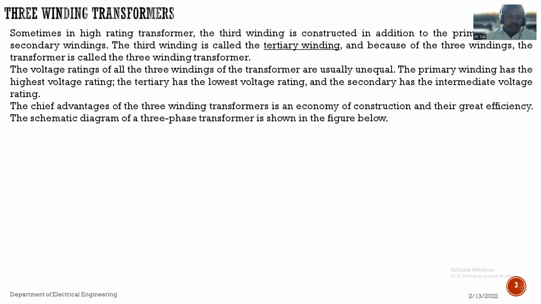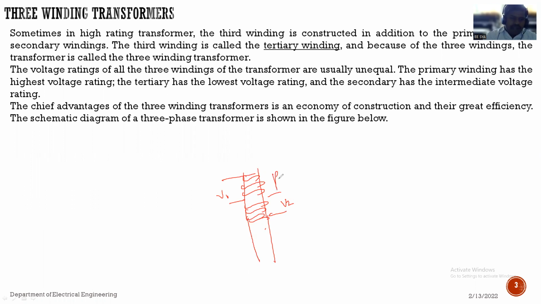Suppose any one transformer has a primary and secondary winding. Suppose on one limb, we consider one of the limbs, on that limb there is one winding which carries a supply voltage of V1, and another winding which induces a voltage of V2.